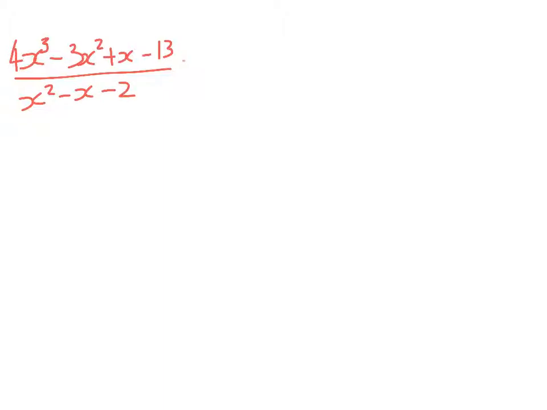So what have we shown so far? Well, we've got 4x cubed minus 3x squared plus x minus 13 over x squared minus x minus 2, which we can write as 4x plus 1. Right, so that's our linear factor, plus, what have we got left? Well, we've got x squared.